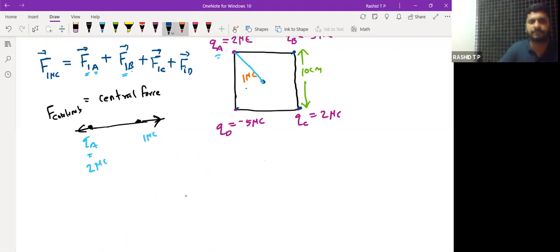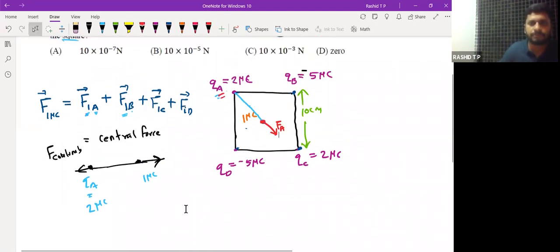While dealing with such central forces, you have to draw the vector diagram along the direction of the line joining the charges. Now, if you draw the vector diagram, this is a repulsive force. I write this as the force experienced by the 1 microcoulomb charge because of charge A. Next, I have to draw the force experienced by charge 1 because of B. This is the line joining these two charges.